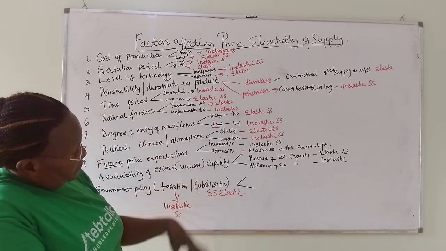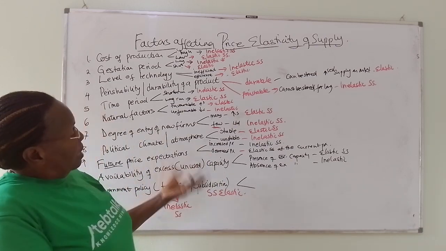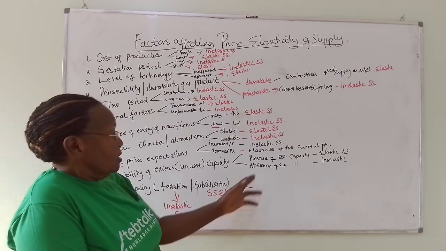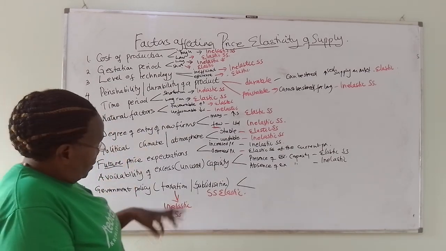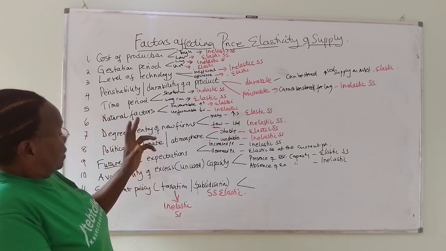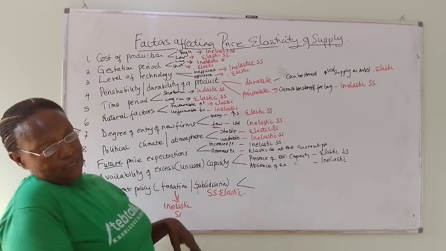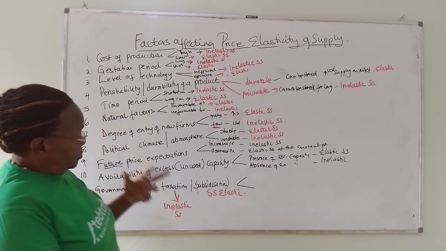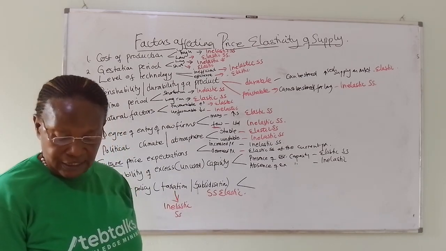Then excess capacity: where it is around, supply is elastic. Where you don't have any more resources to use, supply is inelastic. Government policy of taxation: taxes reduce profitability, increase the cost of production, hence inelastic supply. But a subsidy eases the production process for the supplier, making the supply elastic.